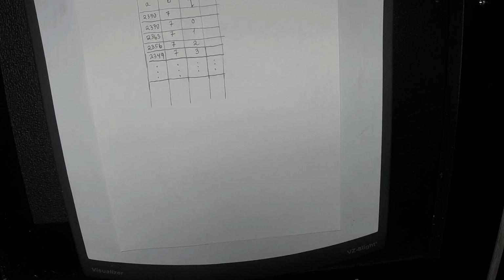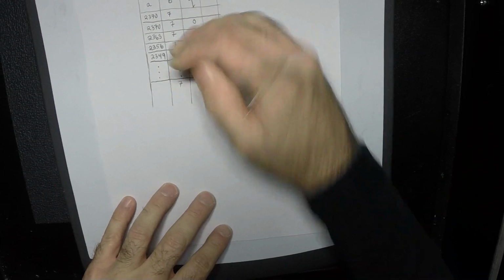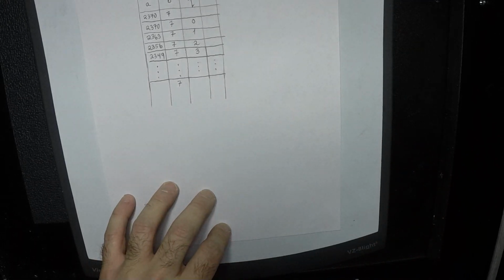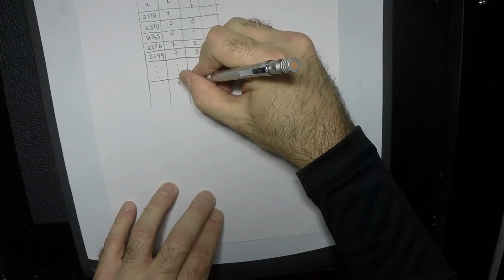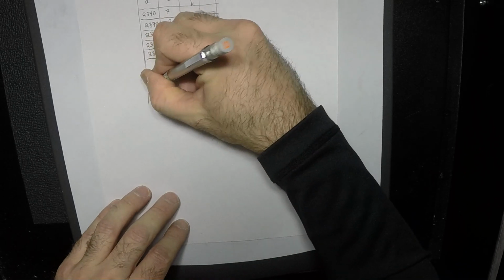Okay, so it will come to pass that this is 7, and the quotient has become 337. We still don't know what the remainder is. But the current number of M&Ms will be 11.